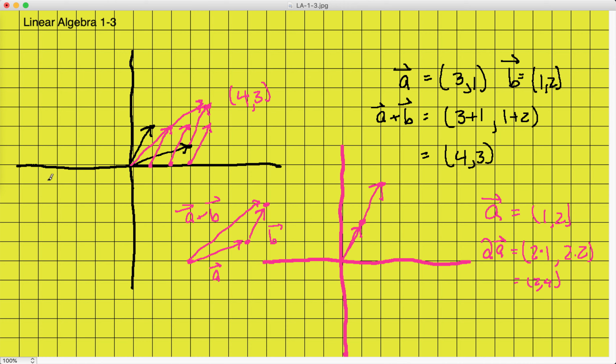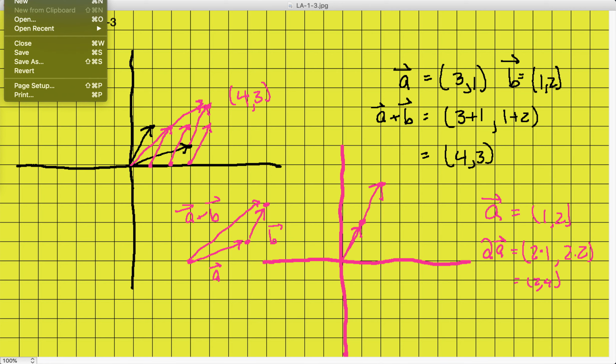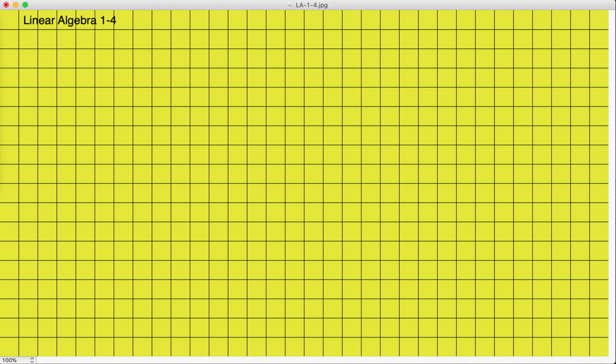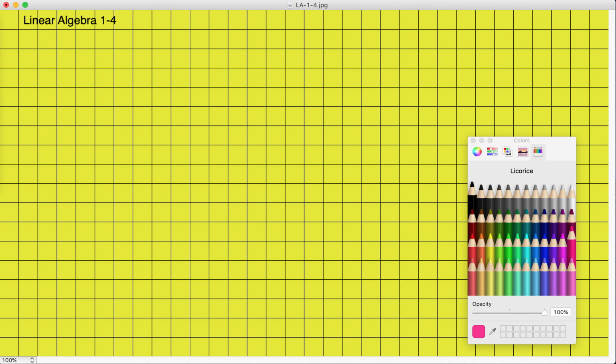Okay, so what we would like to do is just extend that idea, and we'll do it right here. Just let me get back my black pen. There it is.